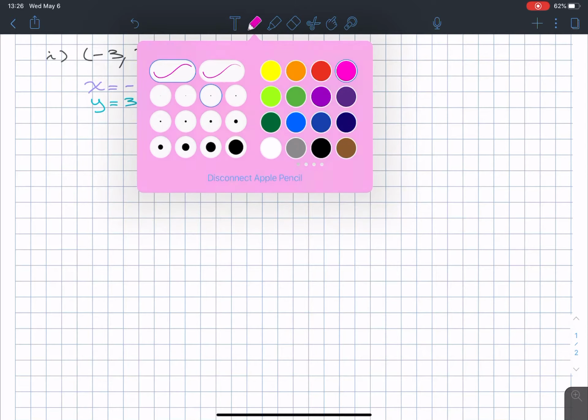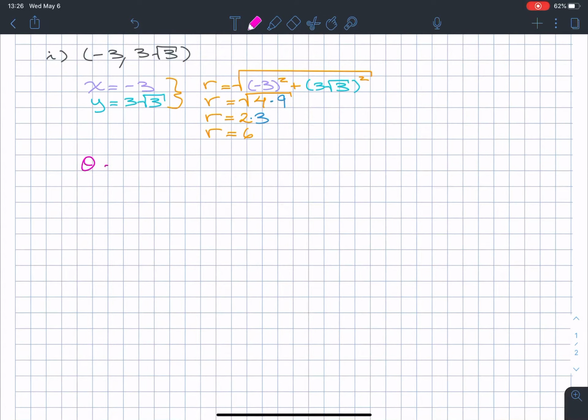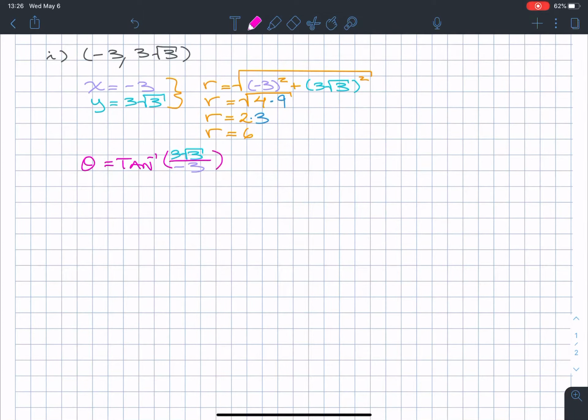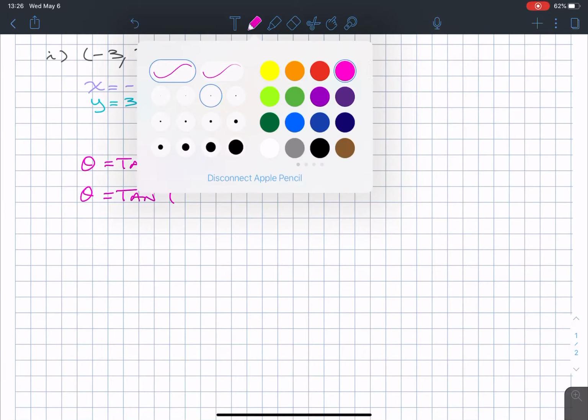The angle theta, on the other hand, is the inverse tangent of the quotient y over x. So in this case, 3 times the square root of 3 divided by -3. So theta is the inverse tangent; the 3's reduce, and I'm left with negative root 3.